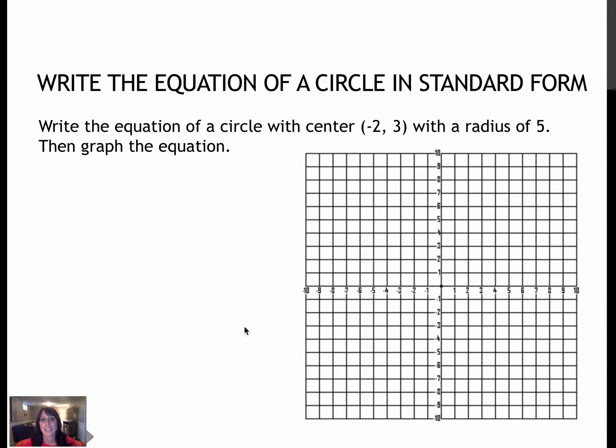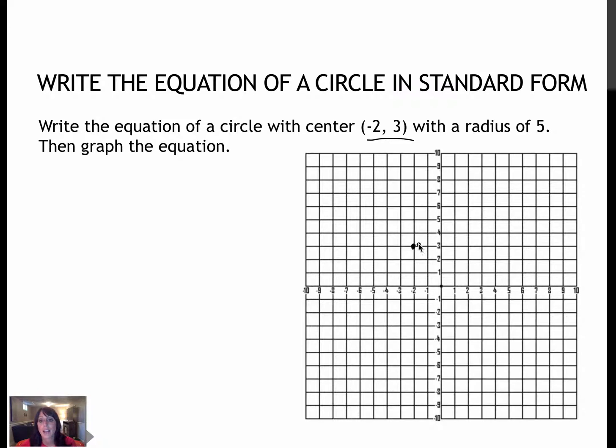So in something like this, and I'm going to apologize in advance that my circle is not going to look nice because I'm not writing right on my screen, but I'll do my best. Write the equation of a circle with center (−2, 3) and a radius of 5. So let's graph it first because that will be the most awful part. (−2, 3) is my center.